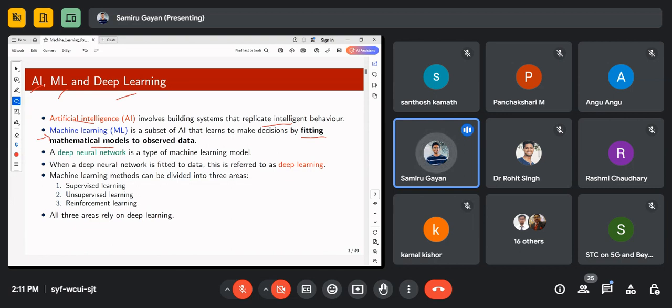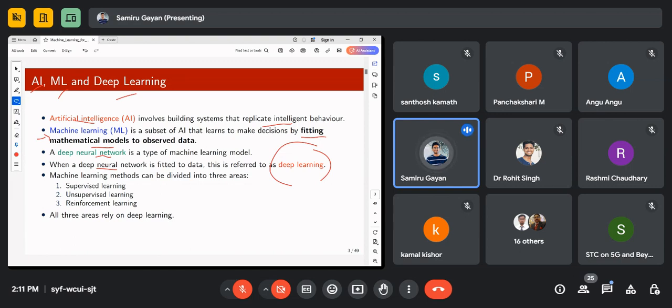Now, a deep neural network is a type of machine learning model which we all know. When a deep neural network is fitted to this data, we refer to it as deep learning. What's the key difference here? Machine learning is all about fitting a mathematical model to observed data.